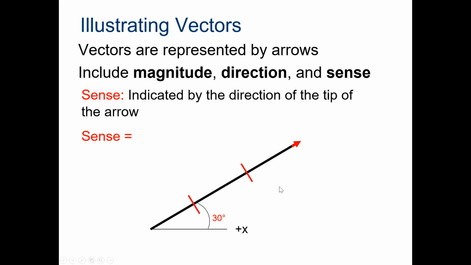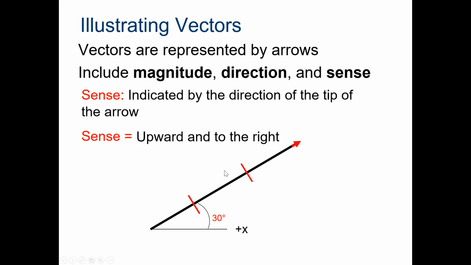If you take a look at my arrow, this is the origin of our force vector, and you look at where the force vector is going at the tip of the arrowhead. You need to know where you're starting from and where you need to go. Since the sense is made up of two components, vertical and horizontal, in this case you would say the sense of this vector is upward and to the right, or to the right and upward.